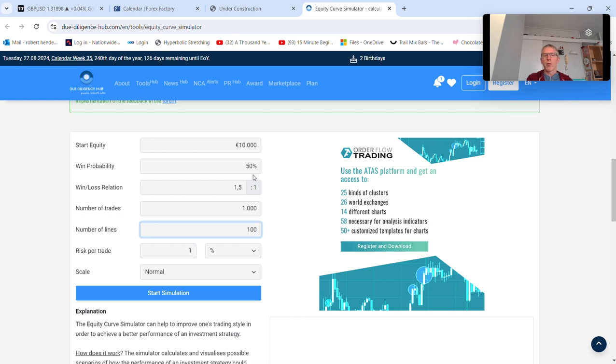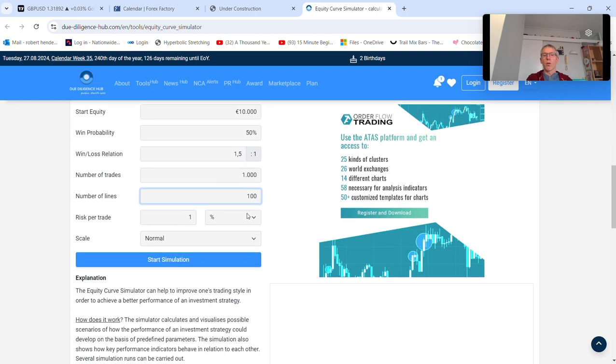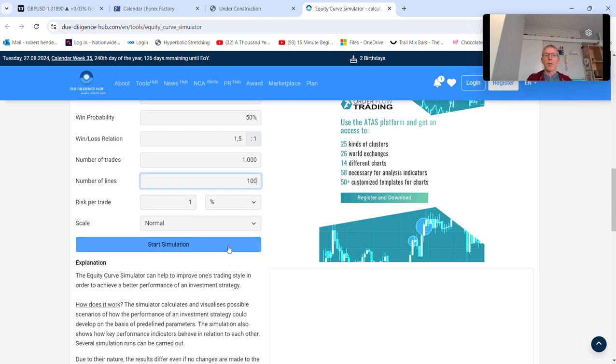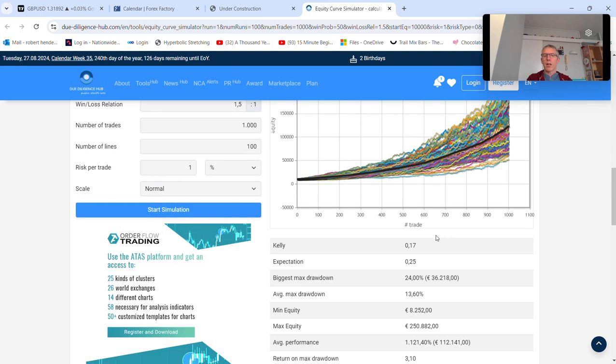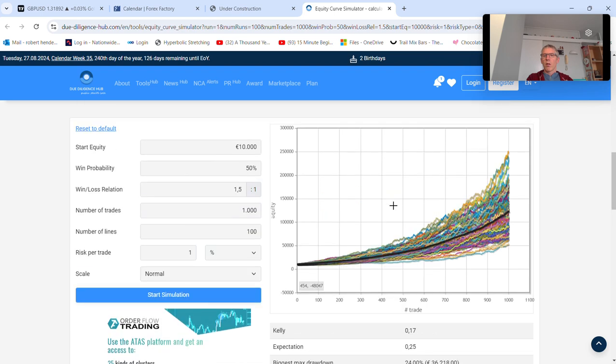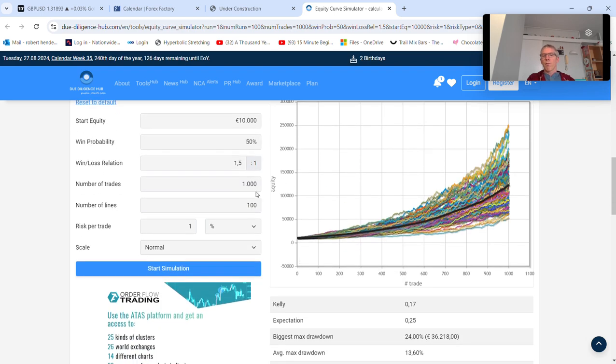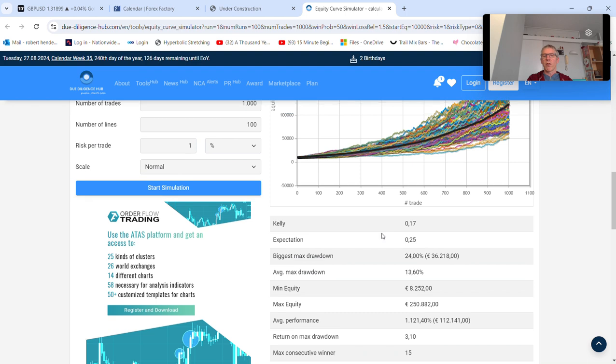I'm starting with 100 grand. Probability is 50%. I'm underestimating slightly. And my win to risk to reward is averaged out at 1.5. Start simulation, and that simulates these statistics. It shows me over 1,000 trades what could happen 100 times out of 1,000 trades, and then it gives me my biggest max drawdown.